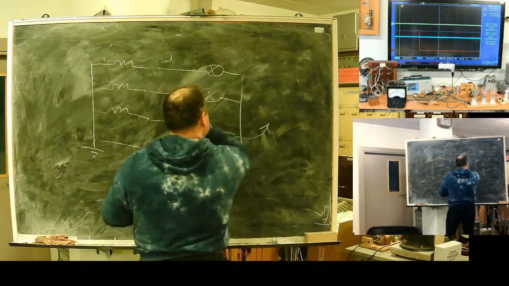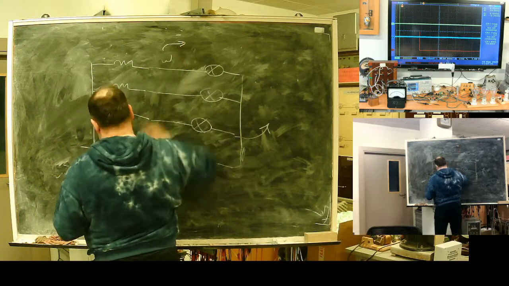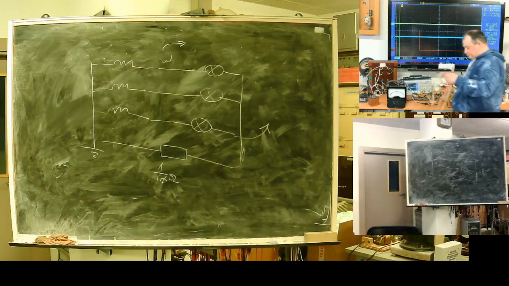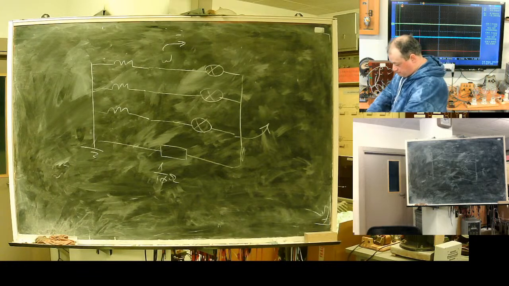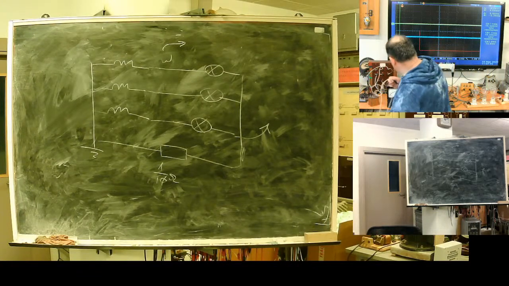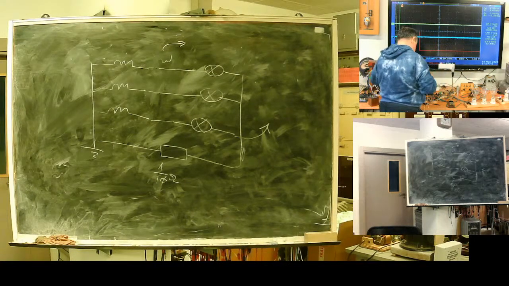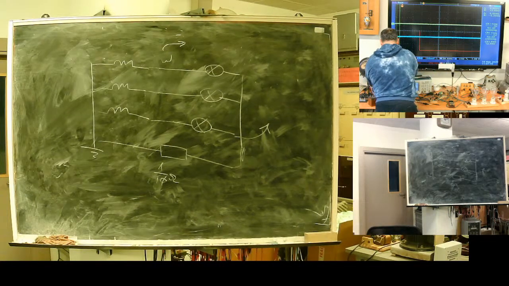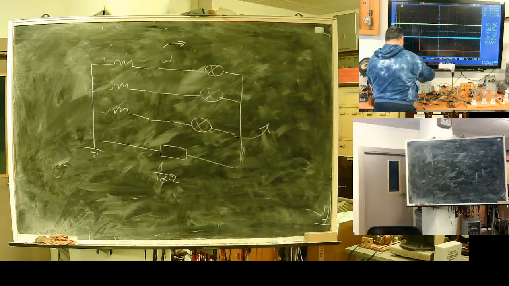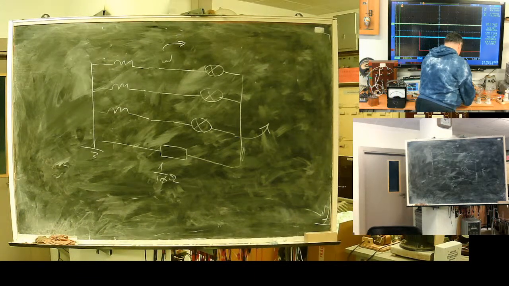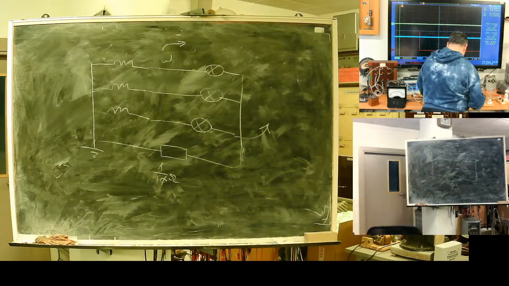I will take this signal and this signal. Possible. More wires for the cut off. This is my B phase. This will be my phase C.